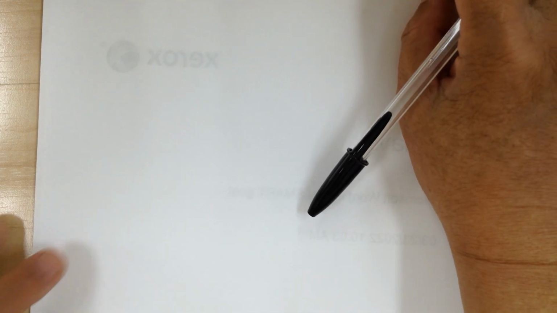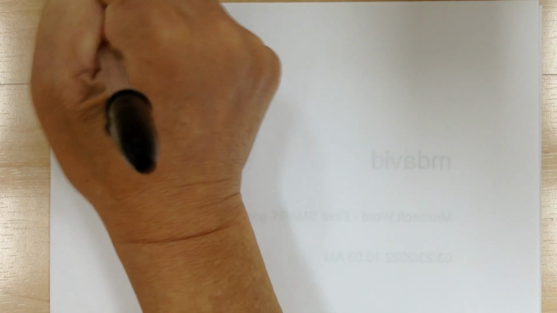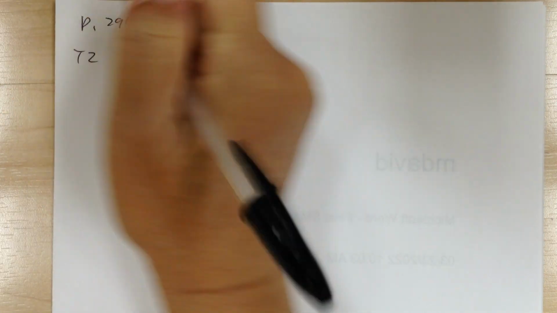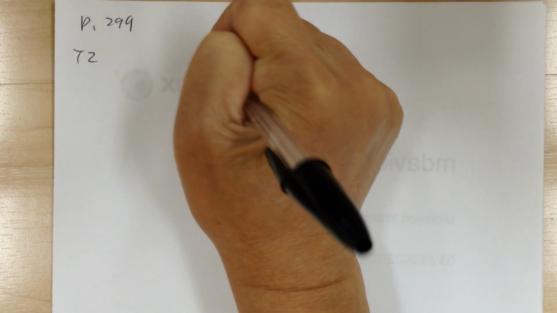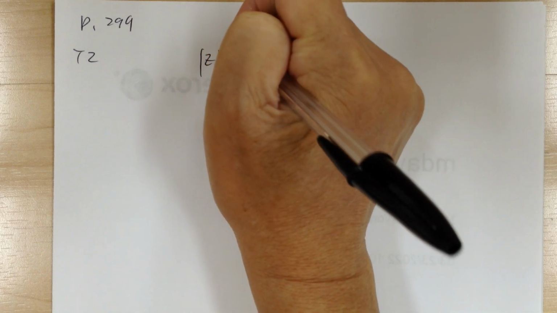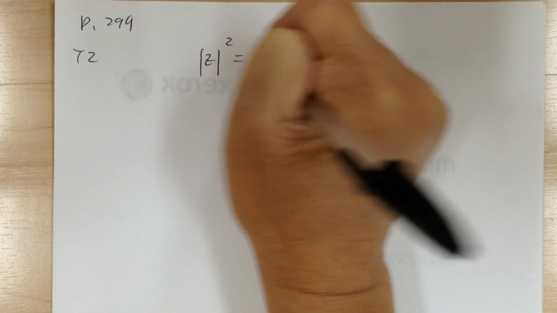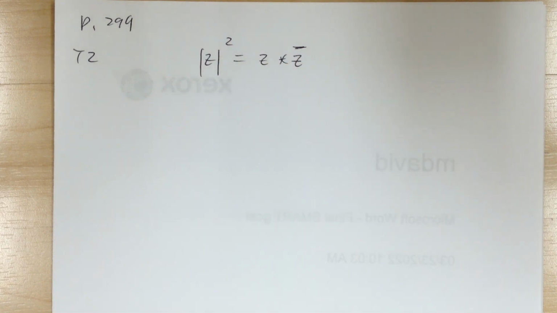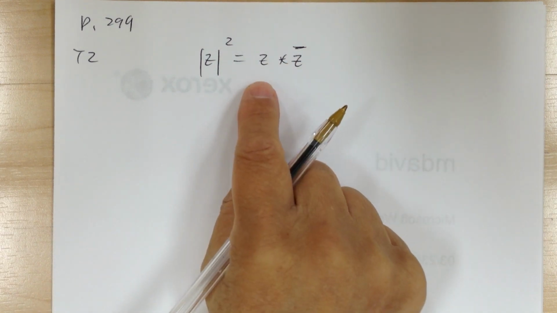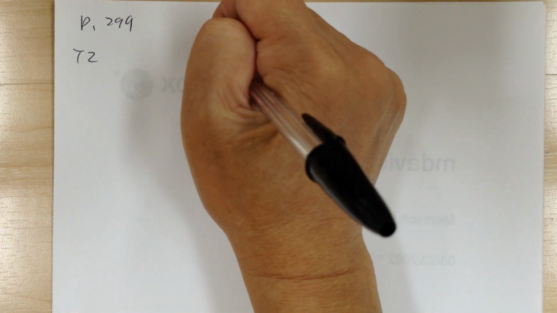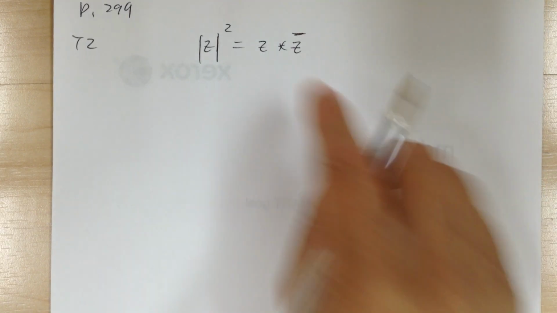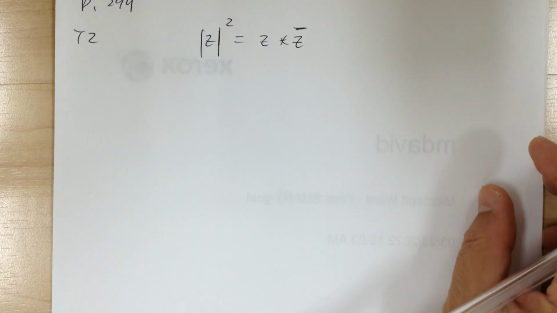Now let's go to page 299, and here's theorem number 2: the square of the length equals z times its conjugate. So when you multiply z by its conjugate, it becomes the square of its length. Again, this is very similar to the Pythagorean theorem.